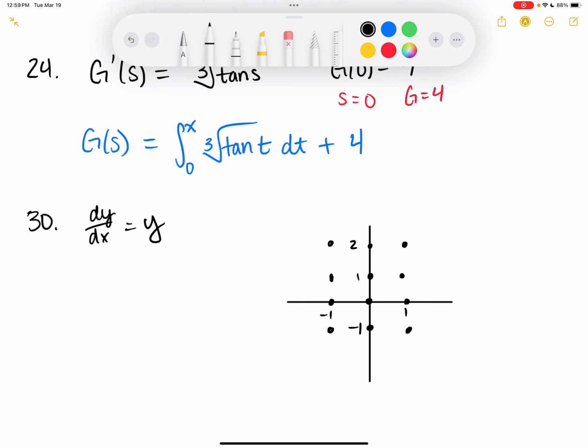When y is 0, what is the slope? 0. Then y is still 0 at 1, so still 0 at -1.